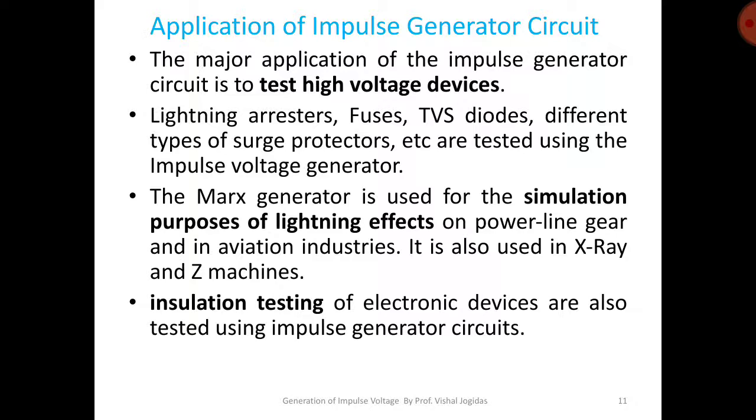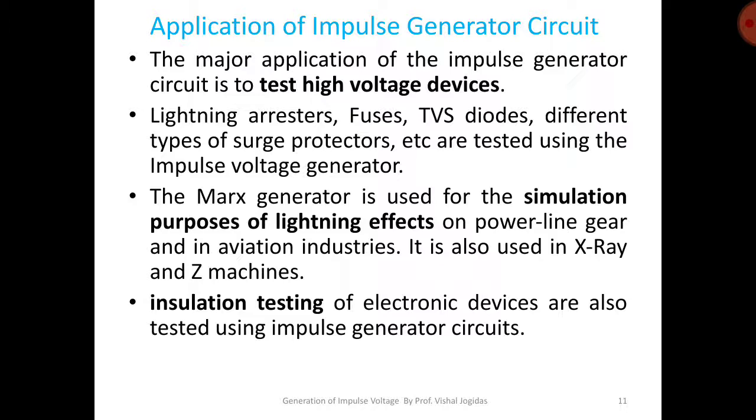The Marx generator is used for the simulation of lightning effects on power line gear and in the aviation industry. It is also used in X-ray and Z machines. Insulation testing of electronic devices is also done using impulse generator circuits.